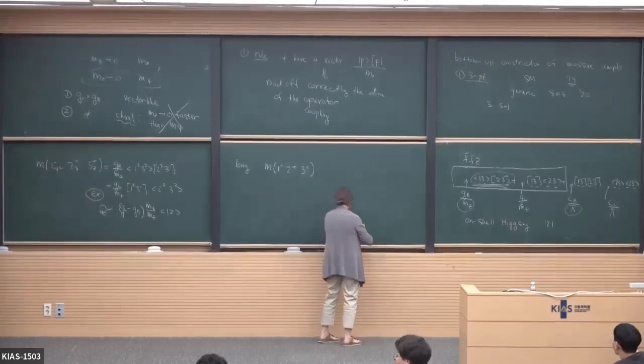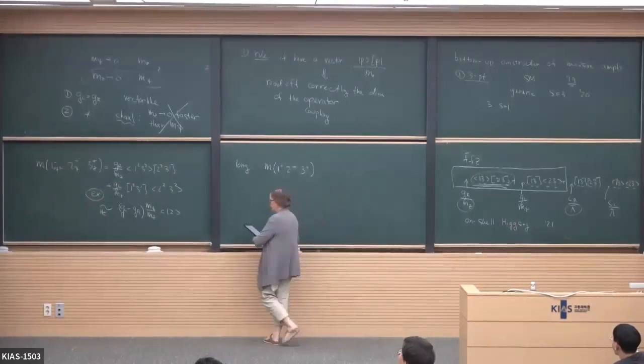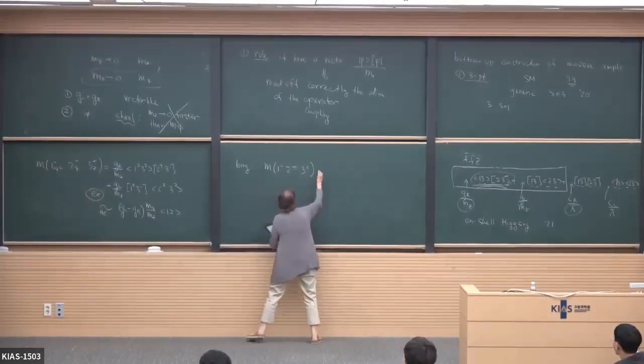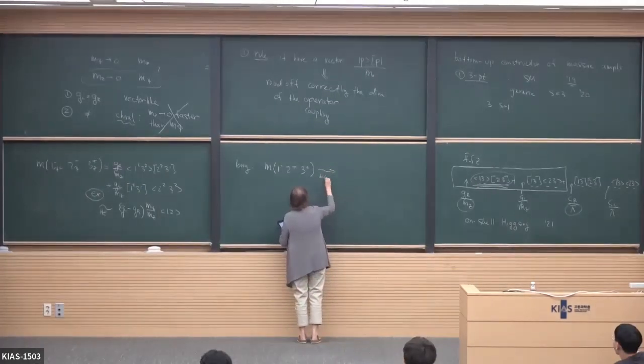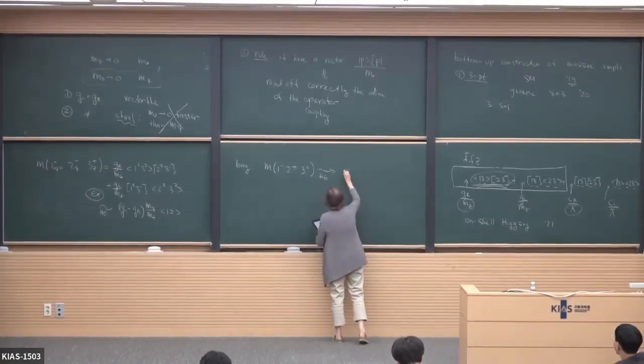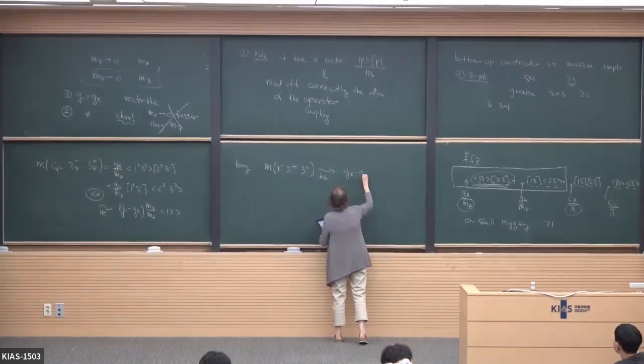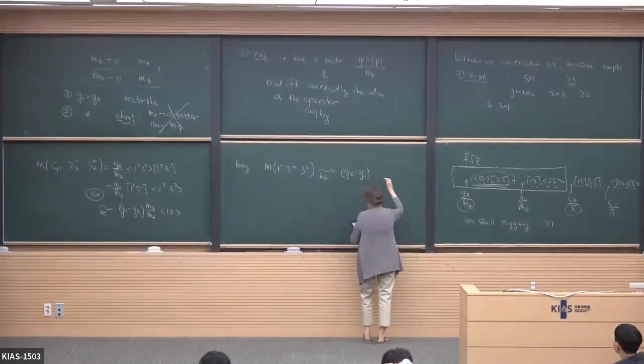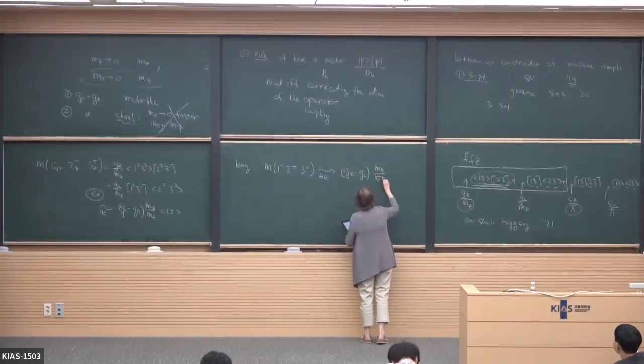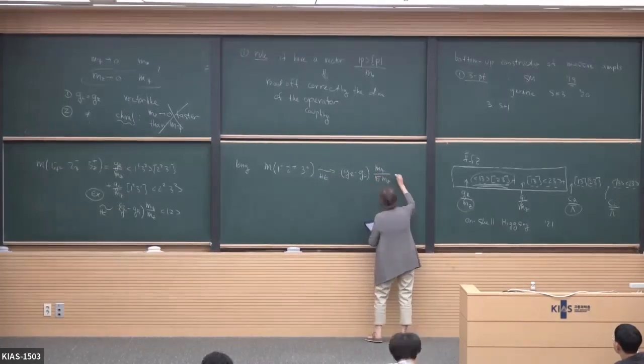In this case, if we take the high energy limit, what we're going to see is that it's (g_R minus g_L) m_psi over square root of 2 m_Z times the spinor structure 1, 2.